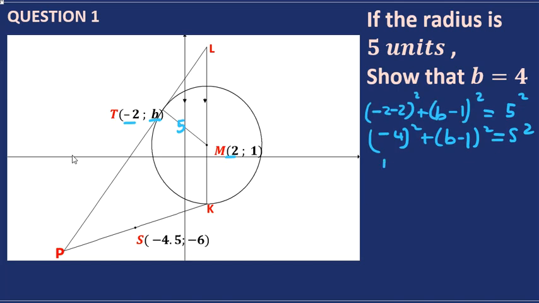Simplifying further, we have 16 plus (b minus 1) squared equals 25, because 5 squared is 25.